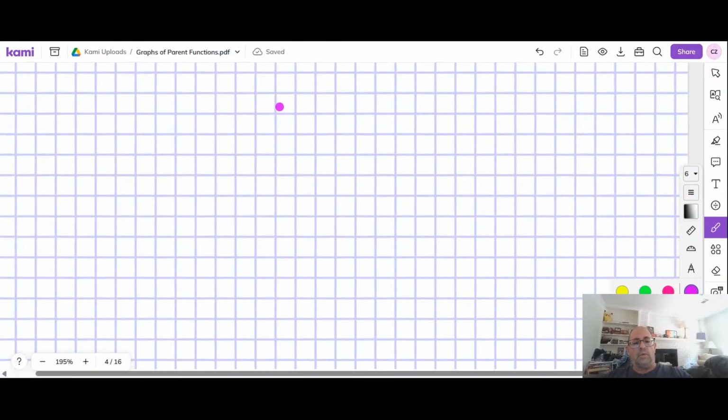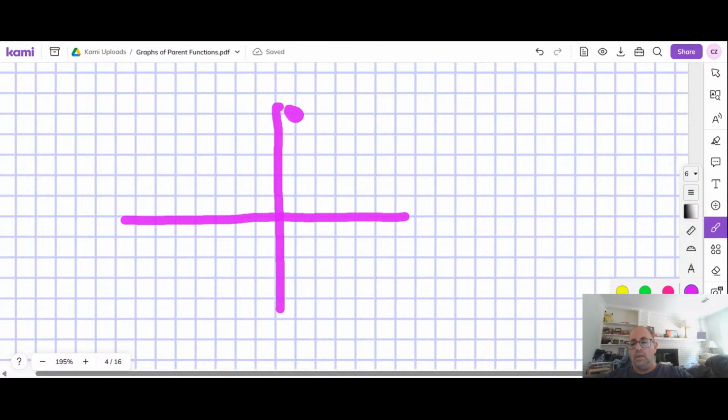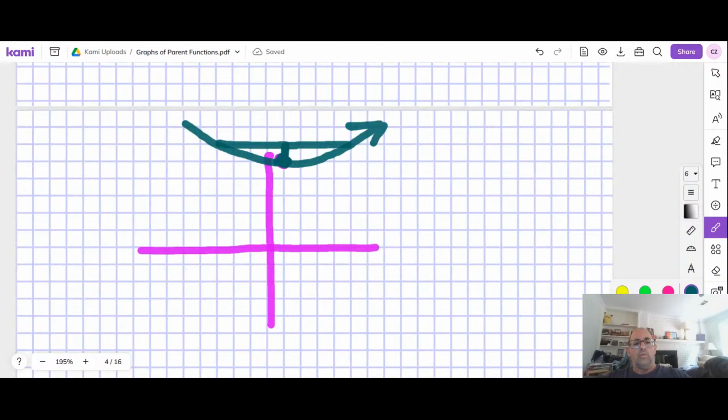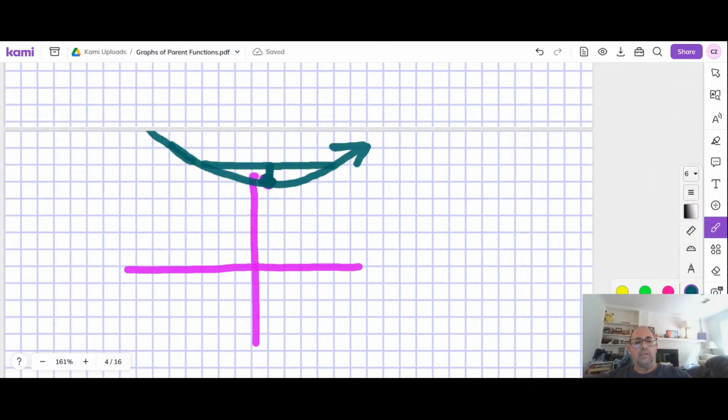Now, if you want to see it in real time, so I go to 1, 5, and now I'm going to go up 1 over 4, up 1 over 4, and that gives me a feel for what my graph looks like.